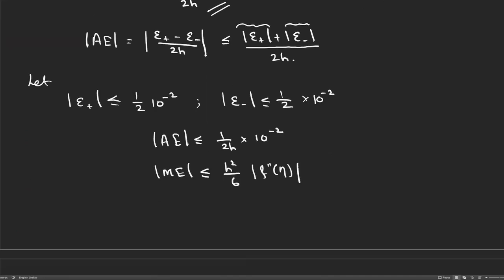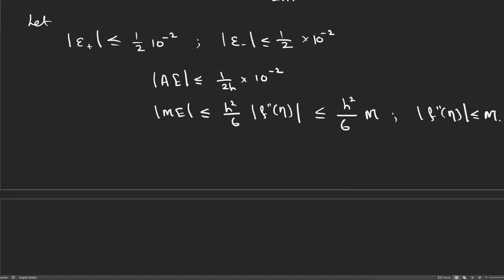Further, if we know that f is C2 in a closed and bounded interval, then we can further write this as less than or equal to h square by 6 into M, where mod f double dash of eta is less than or equal to M for all eta in the interval of our interest.